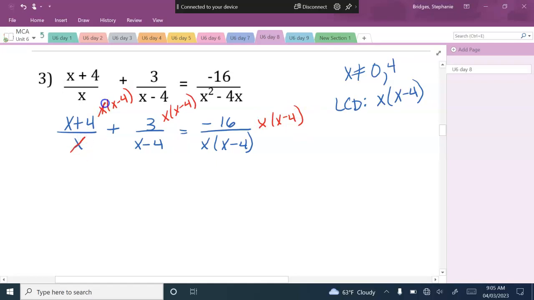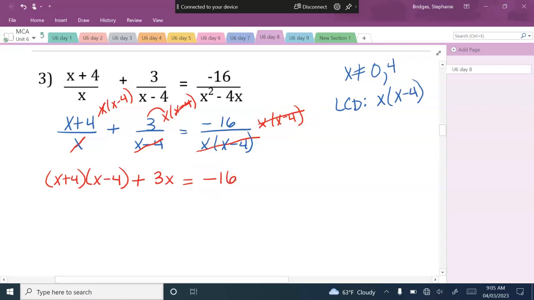In the first fraction, my x's cancel. That leaves me with my entire numerator, x plus 4, that I have to multiply by the remaining piece, which is x minus 4. Bring down my plus sign. Second one, x minus 4's cancel. That leaves me with 3 times x, which is just 3x. And over here, everything cancels, so that just leaves me with negative 16.